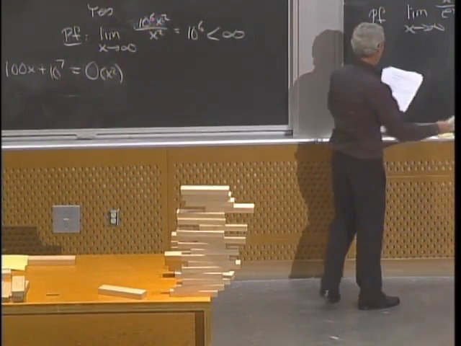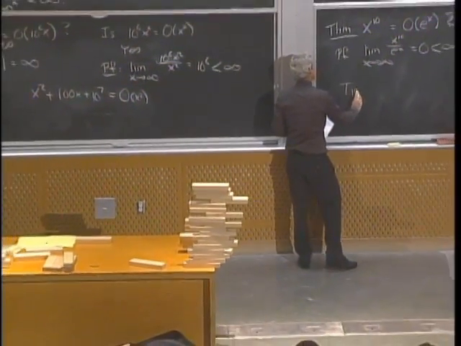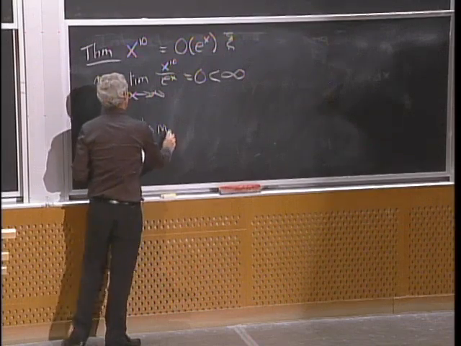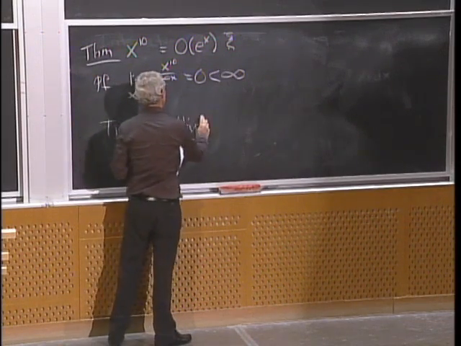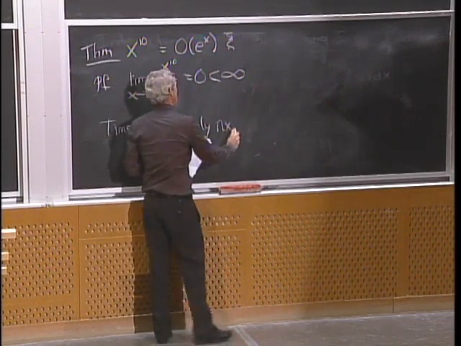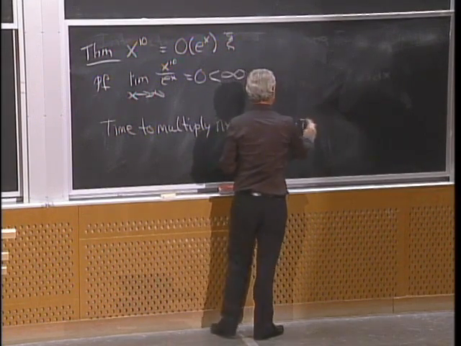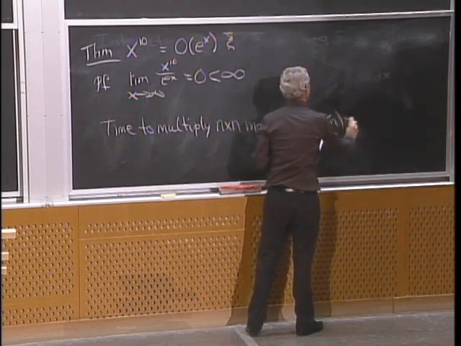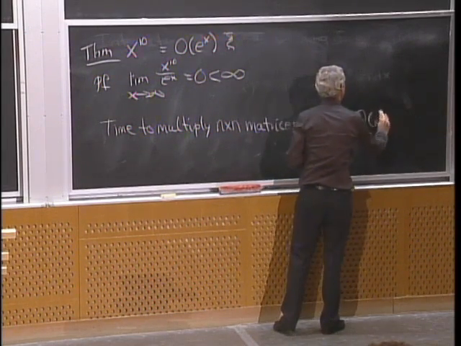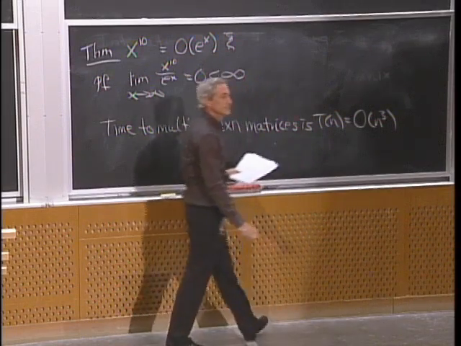And so you might write things like the time to multiply n by n matrices, you might call that T of n, and then state that it is O of n cubed. All right?